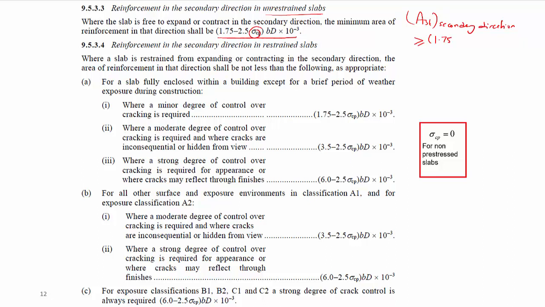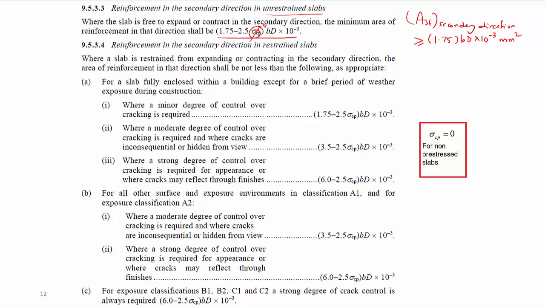Now, if prestressing steel is not there, then it will be 0. So if there is no prestressing in the slabs, this becomes 0. So it will be BD into 10 raised to power minus 3. So this will be the minimum area of reinforcement that we need to provide in the secondary direction if the slab is free to expand in the secondary direction.